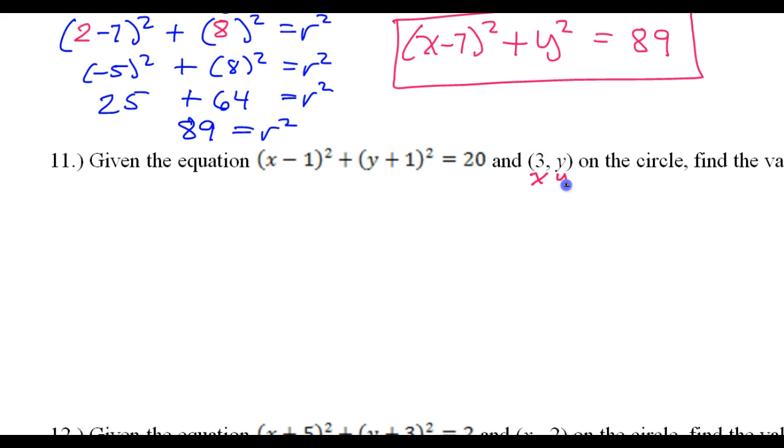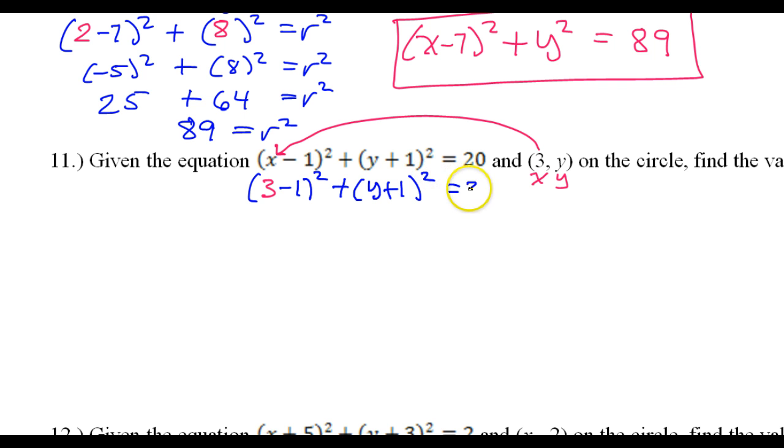This is x and y, so they're giving us x, so let's use what they gave us. So I'm going to take this x value of 3 and plug it in. So I'm going to have a 3 right there. So that's going to give me 3 minus 1 squared plus y plus 1 squared is equal to 20.